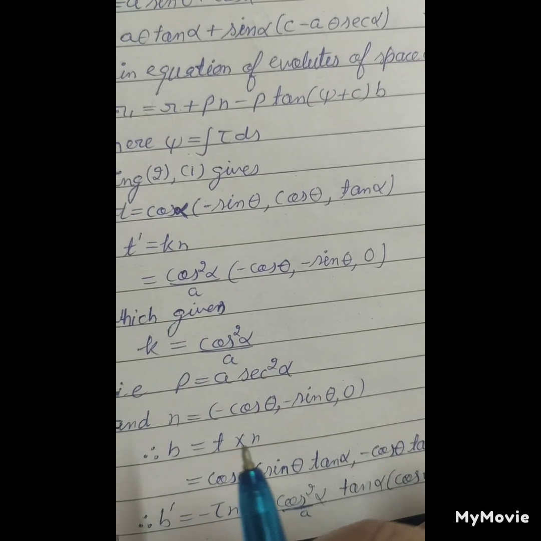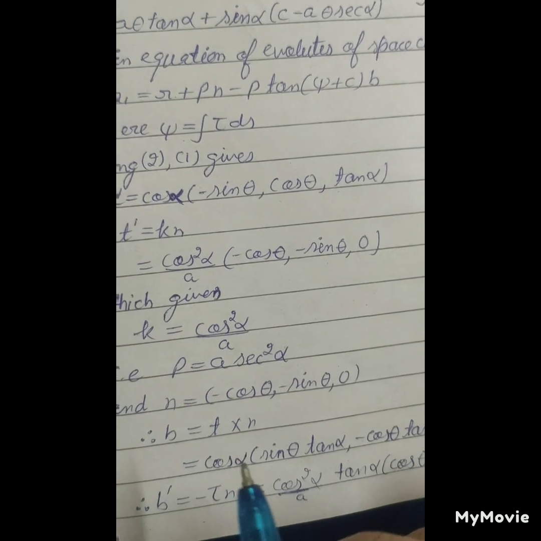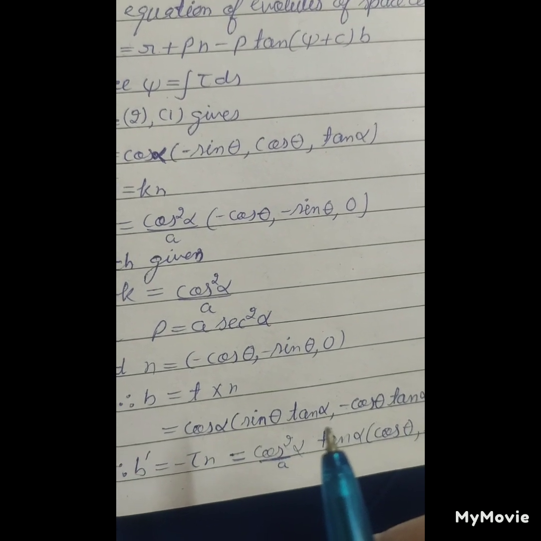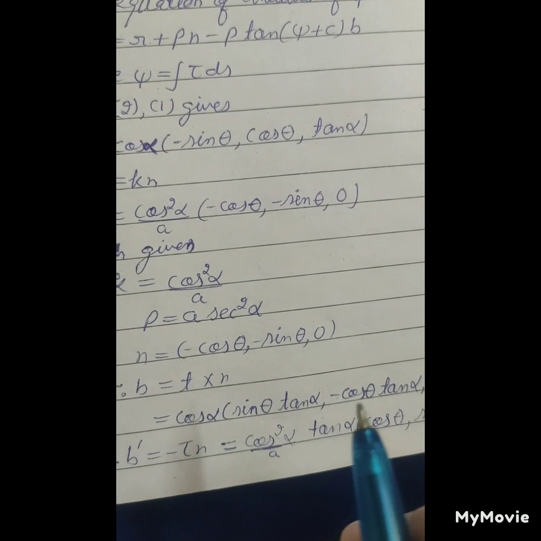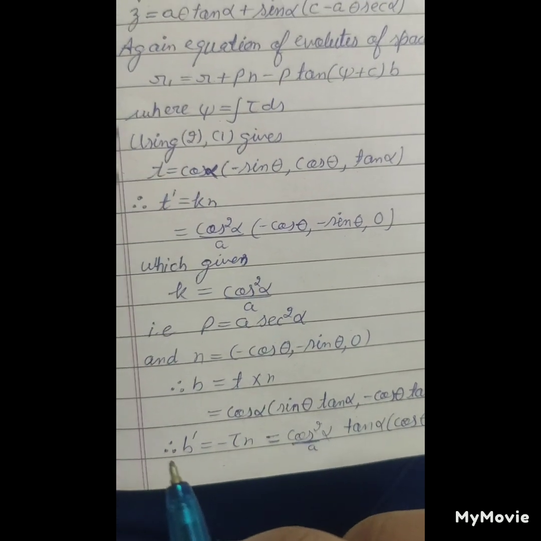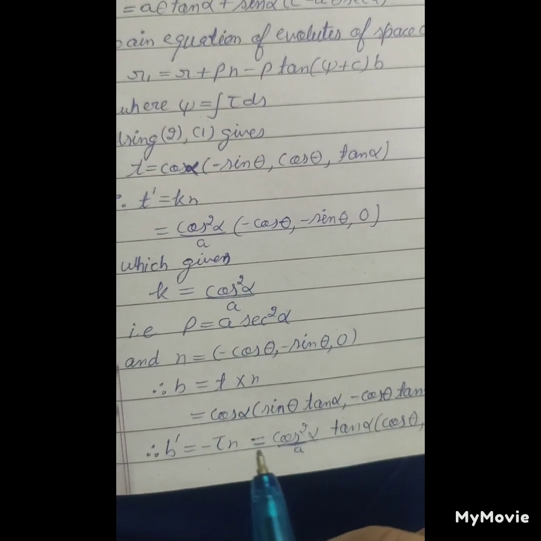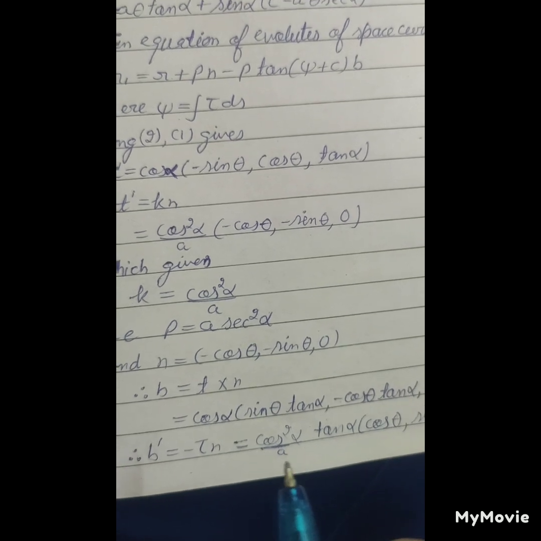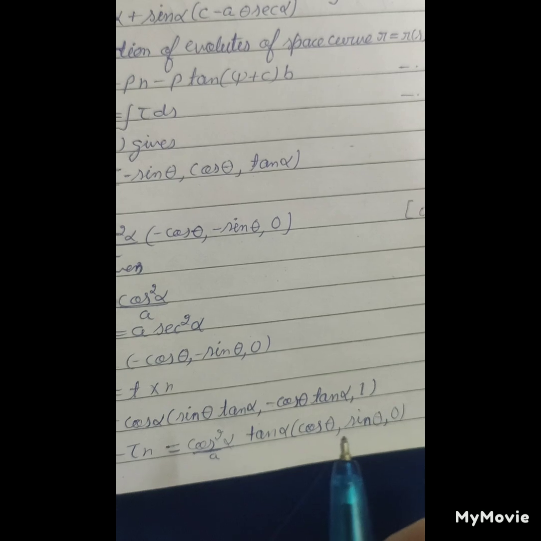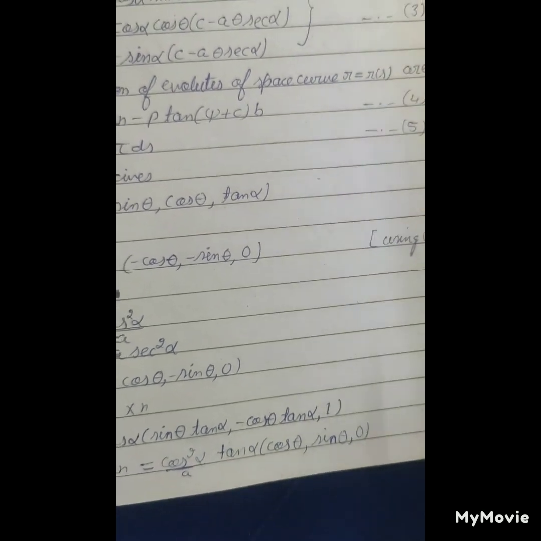So b equals t cross n equals (cos α sin θ, -cos α cos θ, ...) into tan α, and 1, so b' equals minus τ n equals cos² α/a tan α into (cos θ, sin θ, 0).